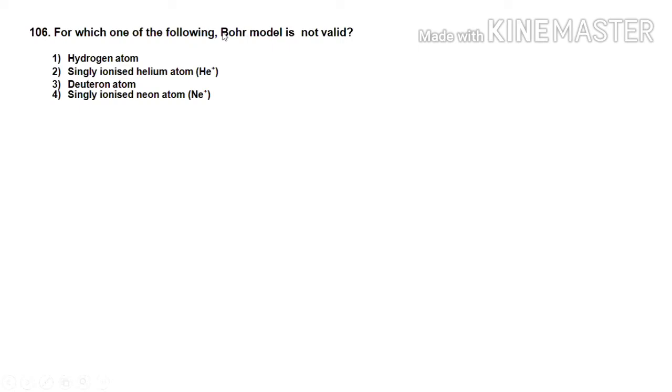For which one of the following Bohr model is not valid? They are asking not valid. Generally, Bohr's model is applicable only for single electron atoms or ions. It is valid for single electron atoms or ions.